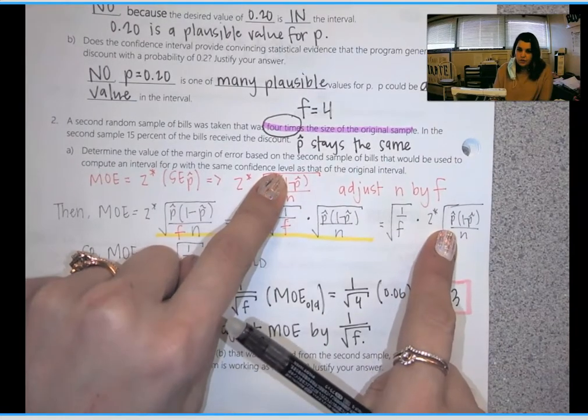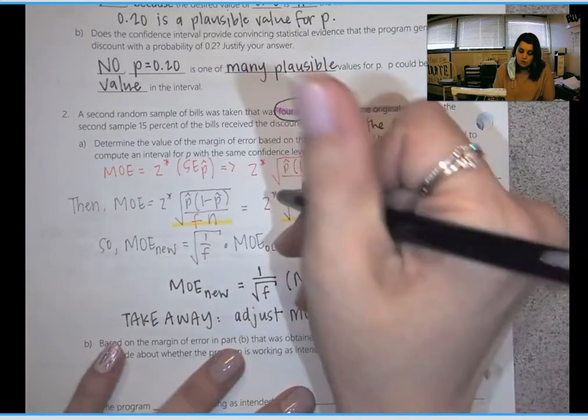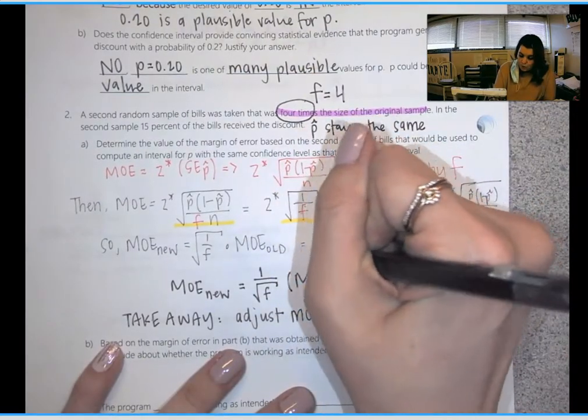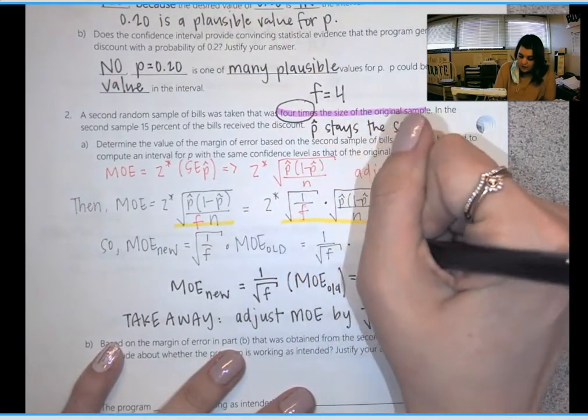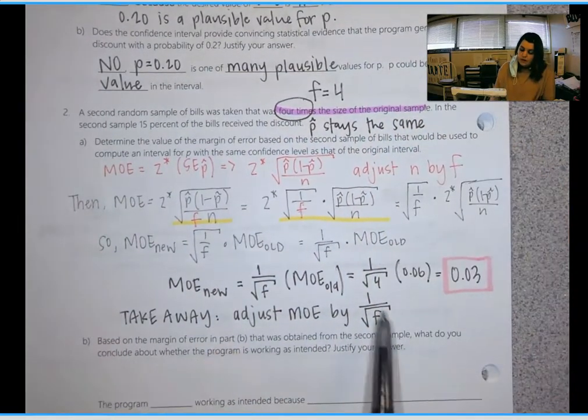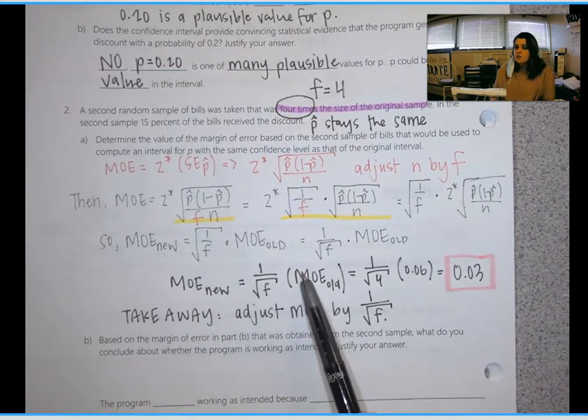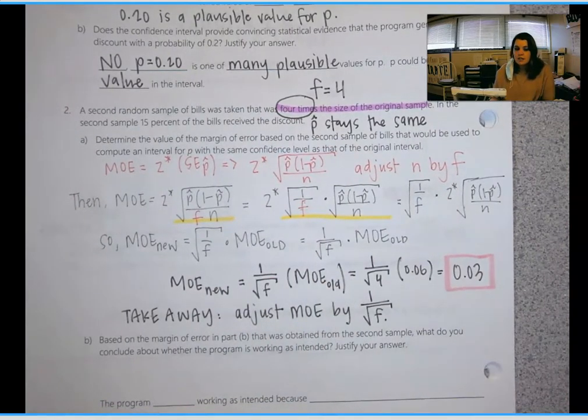These two things are the same. This is just the same thing as 1 over root f times your old margin of error. And that's what we're doing here. 1 over root f times your old margin of error is going to give you 3%.